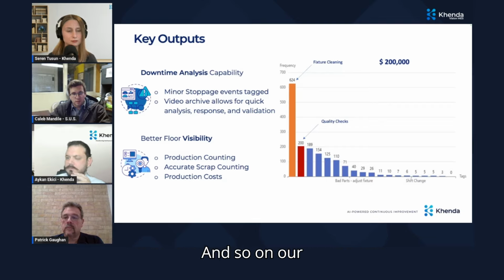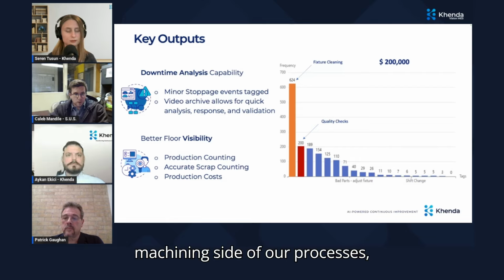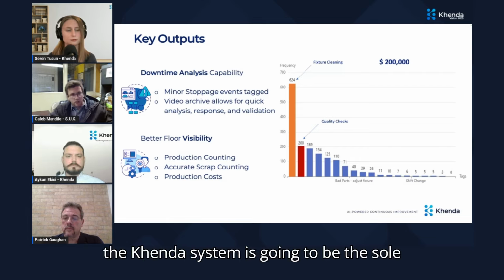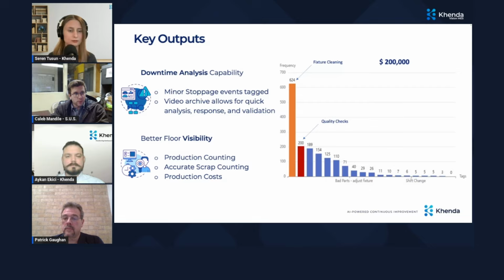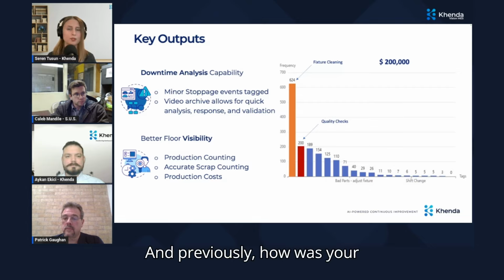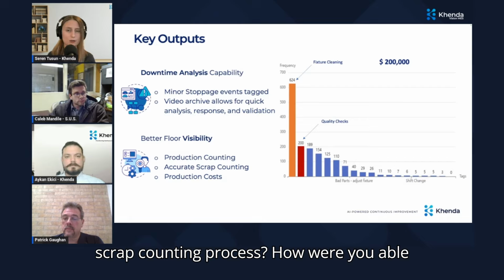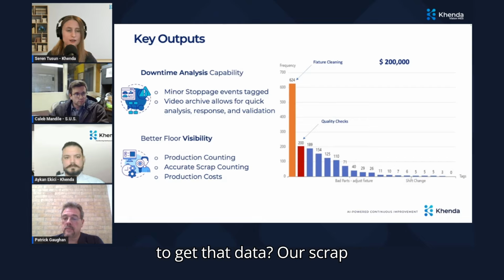On our machining side, the Khenda system is going to be the sole point for process monitoring, scrap counting, production numbers and everything. And previously, how was your scrap counting process? How were you able to get that data?